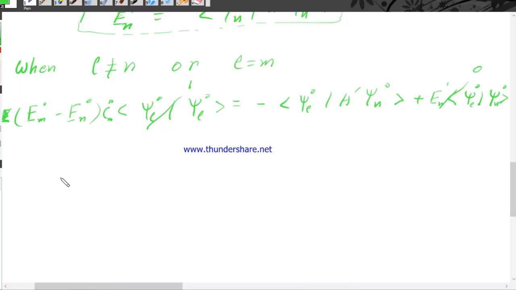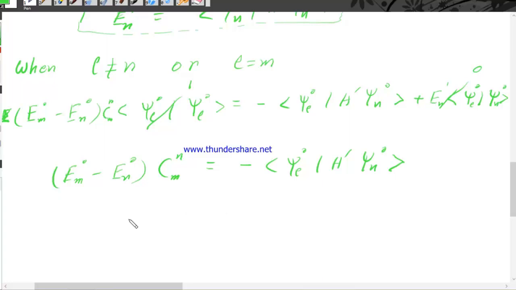So then this equation can be written as (En⁰ minus Em⁰) c_nm is equal to minus ⟨ψm⁰|H'|ψn⁰⟩.